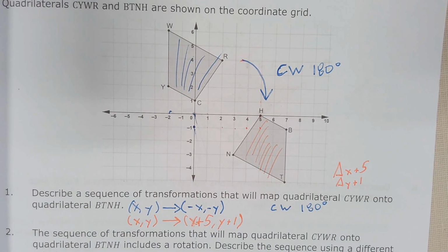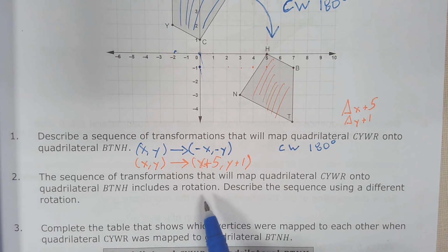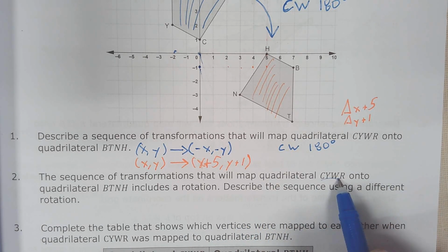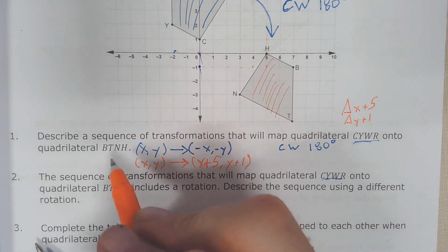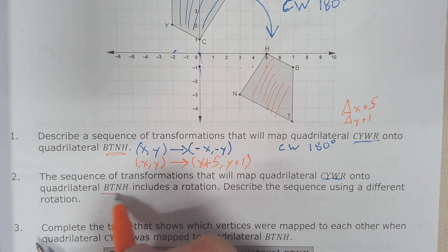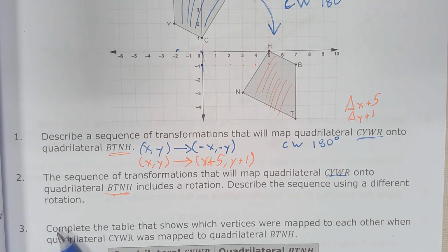But I put it in there for a reason, because the next one says the sequence of transformations that will map the blue quadrilateral to the orange quadrilateral includes a rotation. Yep, it sure did. Describe the sequence using a different rotation. I could do that with 2 rotations and a reflection, but it says using a different rotation.